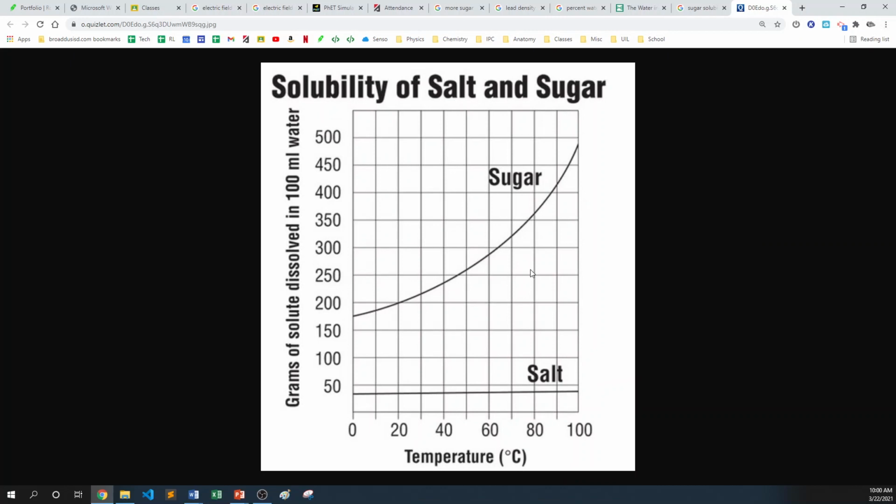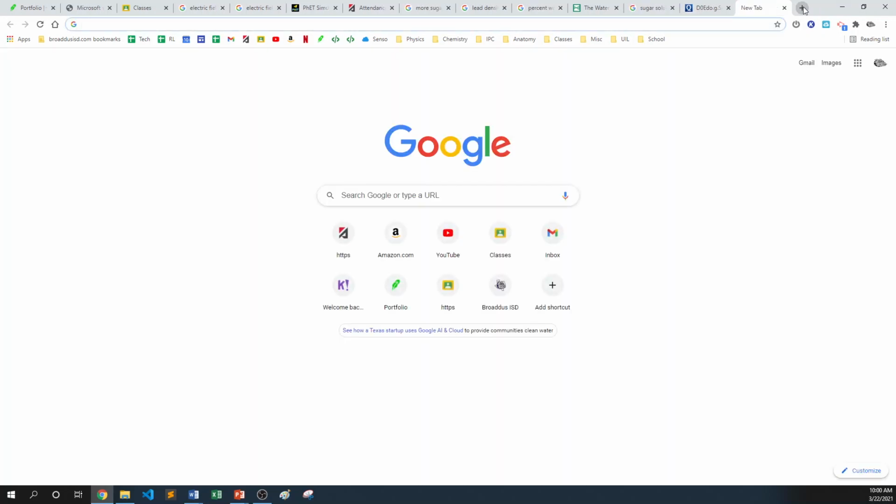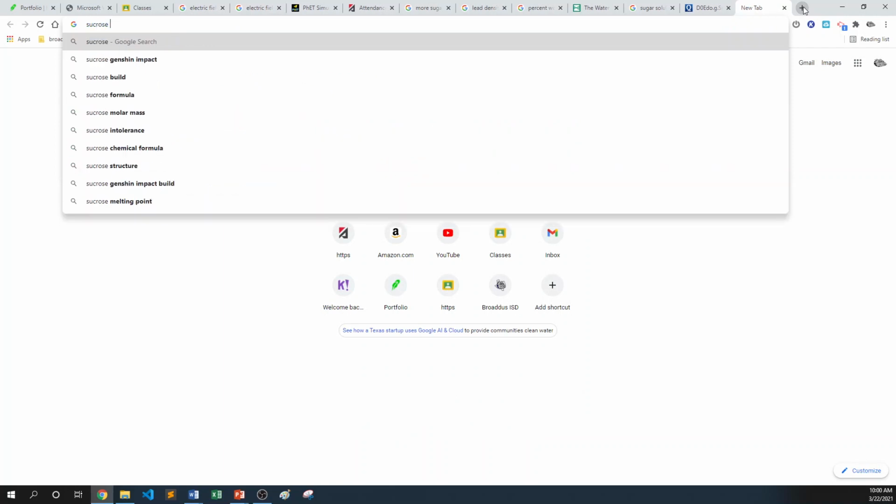So, sugar is a very big molecule. It's like 22 carbon, 10 hydrogen, and 20 oxygen or something. I'll look it up. Table sugar is sucrose.